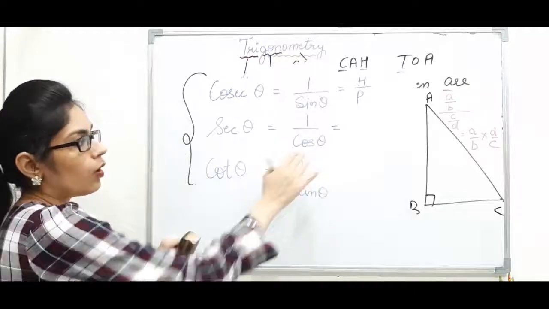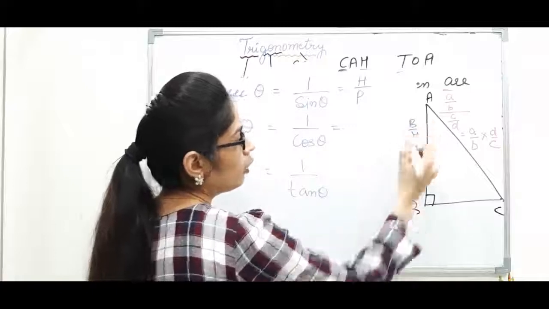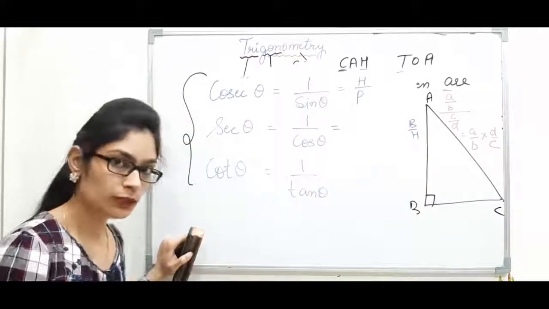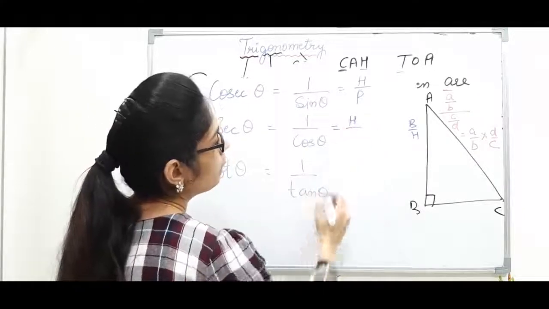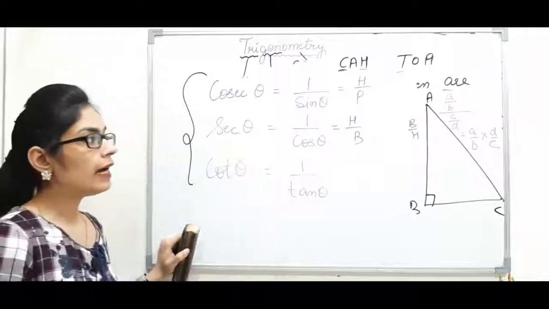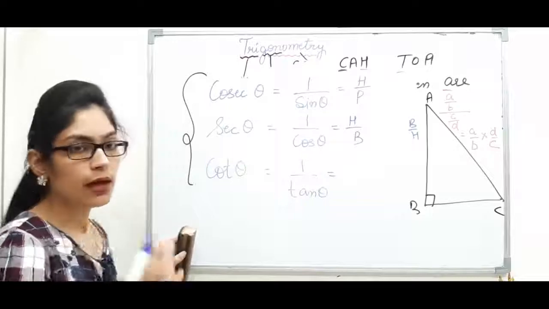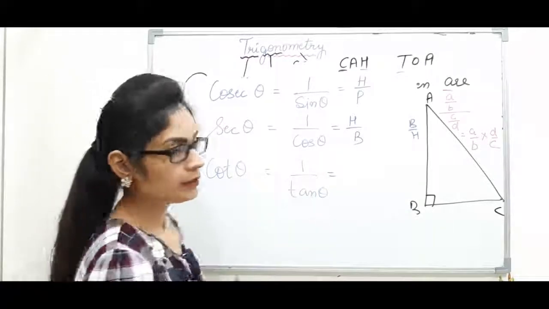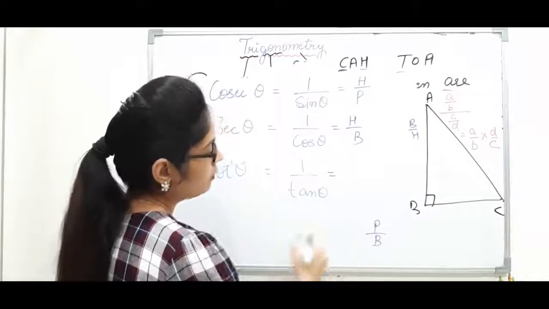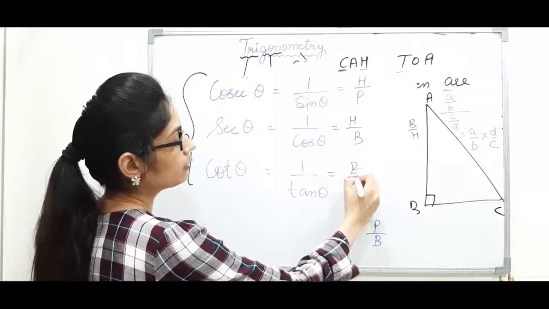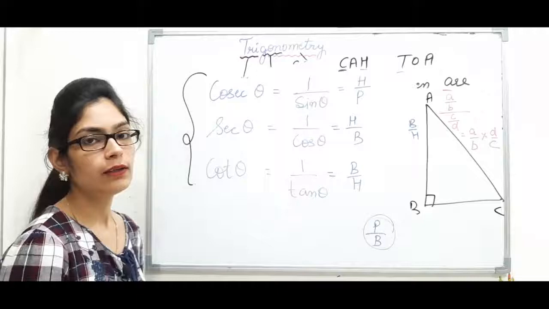Same way, cos theta was B by H. Taking the reciprocal, we interchange numerator and denominator, so secant theta is equal to H by B. Now cot theta is equal to 1 upon tan theta, the reciprocal of tan theta. Tan theta is P by B, so cot theta is B by P, because we only interchange numerator and denominator.